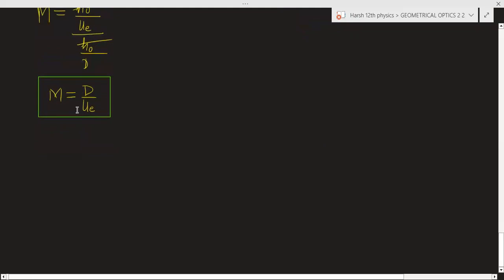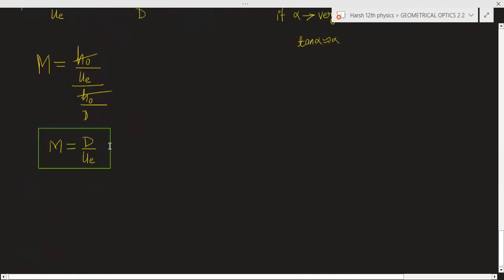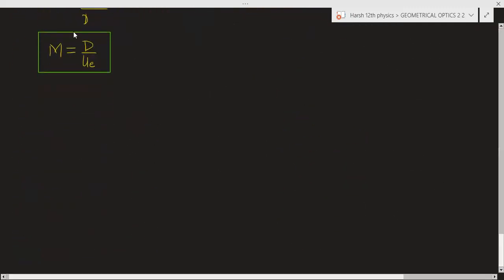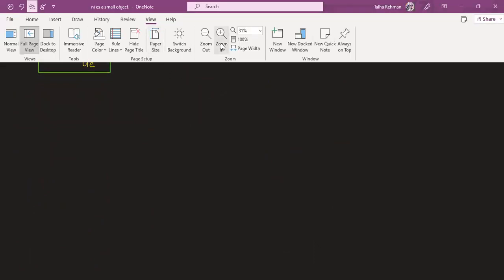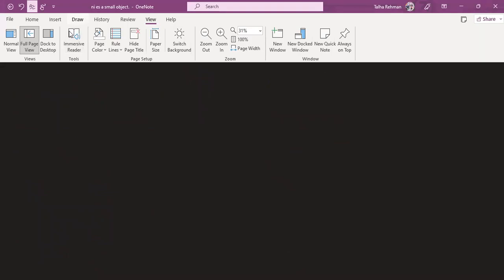Remember the formula of the magnification of simple microscope, D divided by UE. UE is the object distance and D is the 25 centimeter. Case number 1, maximum magnification.